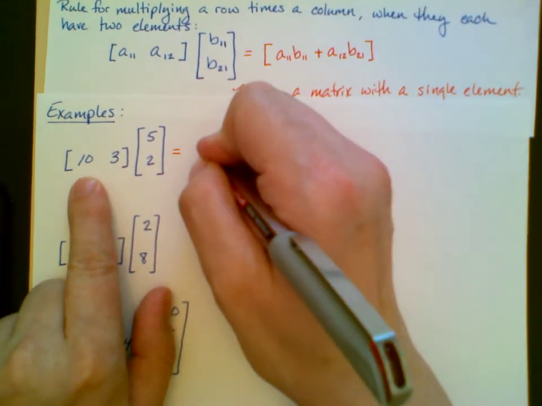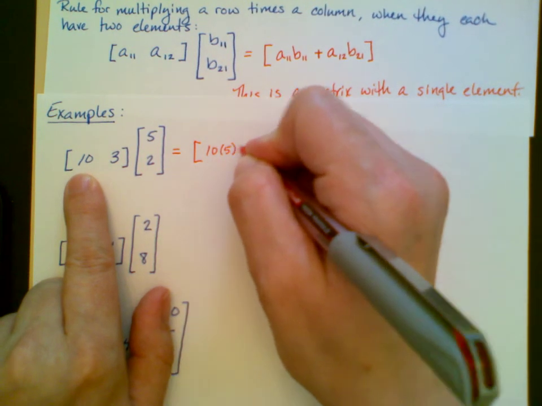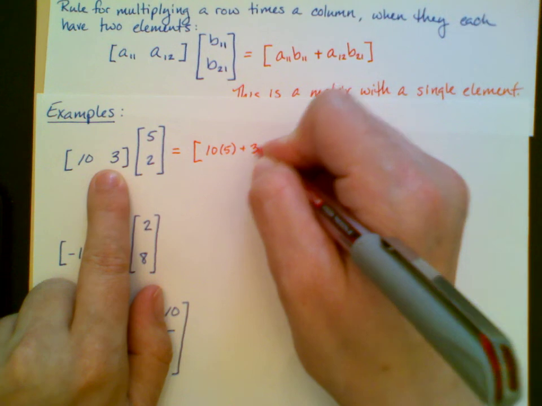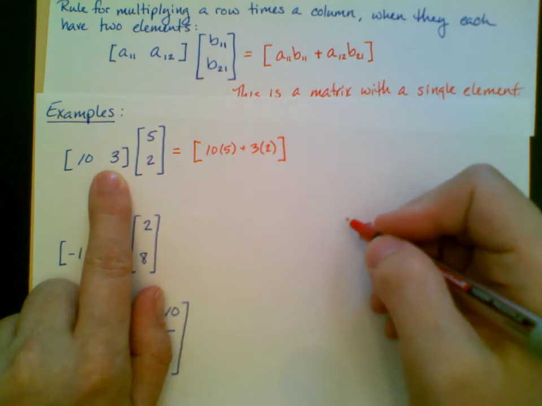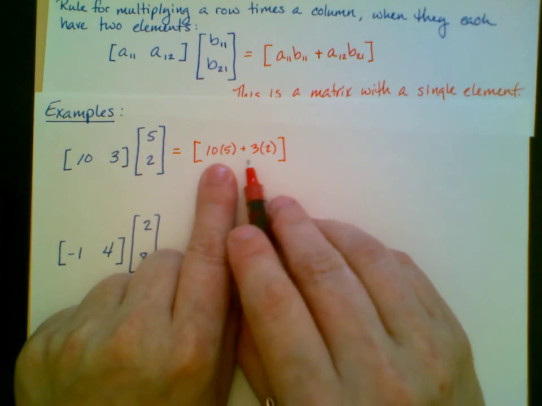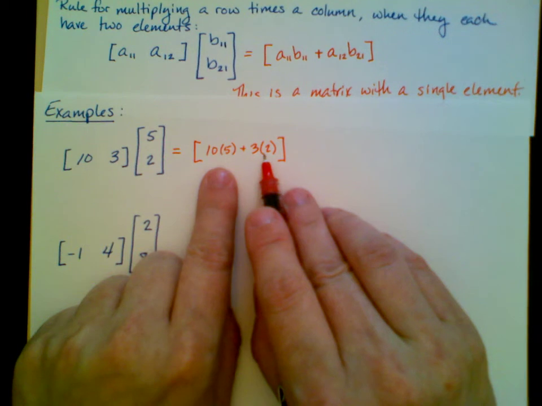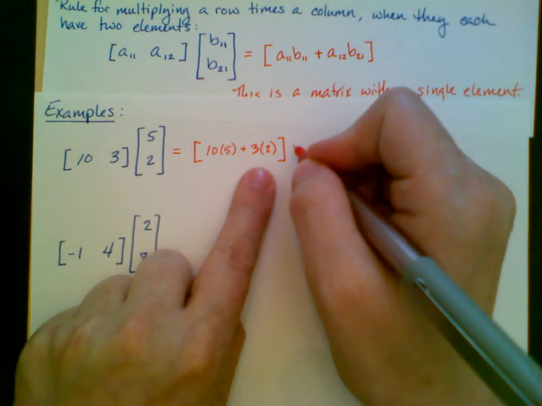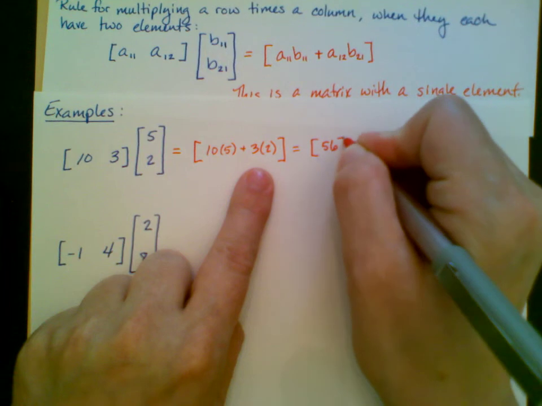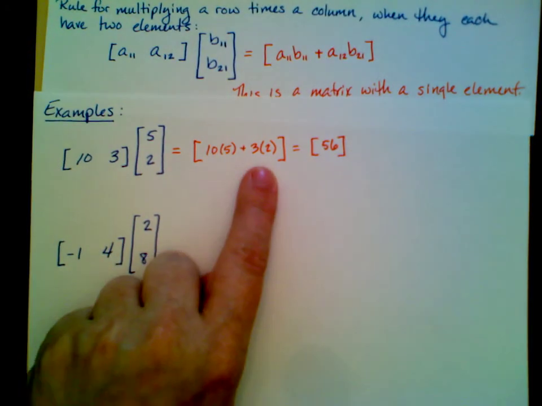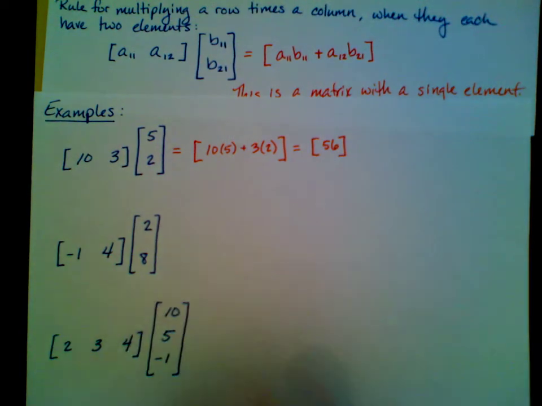So I've got 10 times 5 plus 3 times 2, and that is my matrix. So when I actually calculate this, 10 times 5 is 50, 3 times 2 is 6, so 50 plus 6 is, of course, 56. So this is a matrix that has only one element, the number 56, in it.